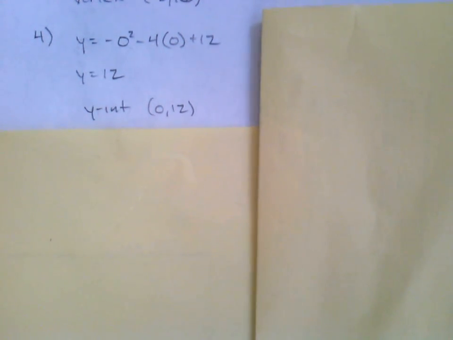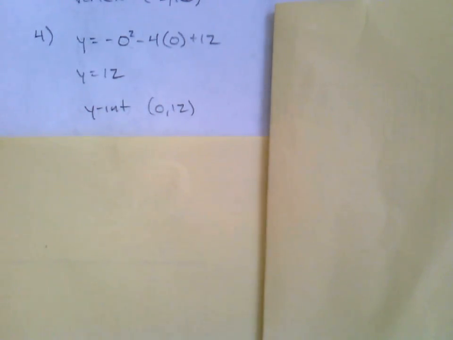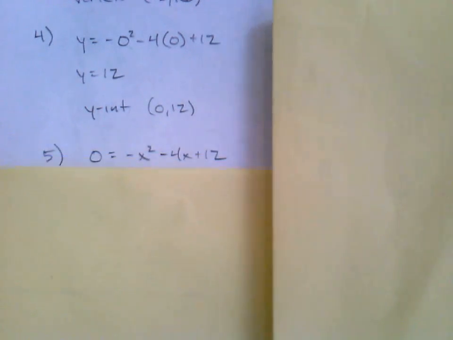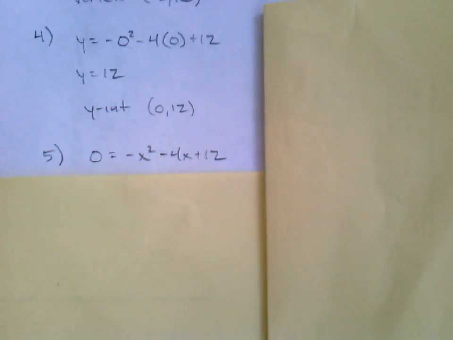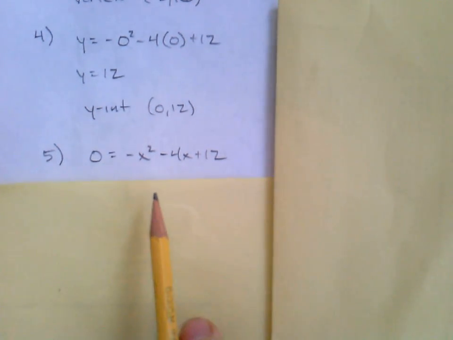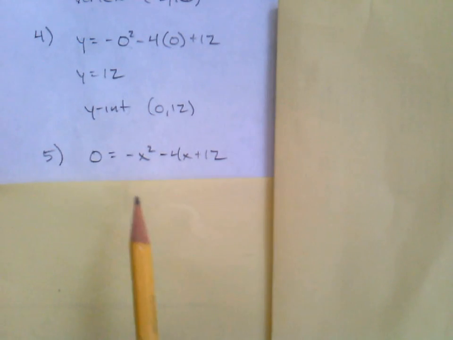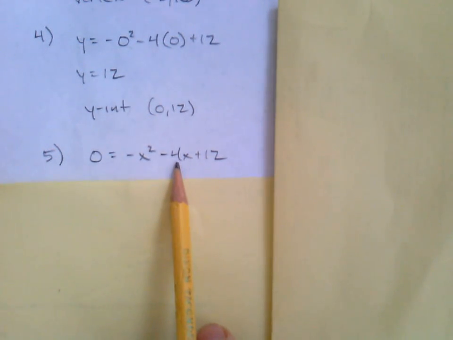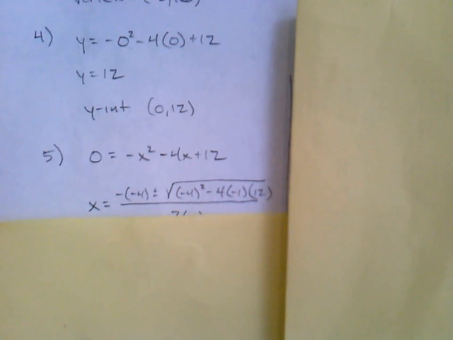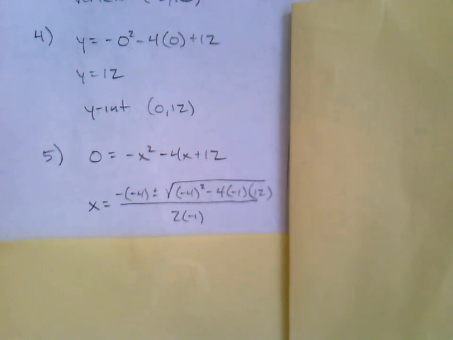And finally, property number 5 is the x-intercepts. We're going to do the opposite of what we did with the y's. We're going to set y equal to 0 in the function. 0 equals -x squared minus 4x plus 12, and we're going to solve that. Of course, here we can just go for the quadratic formula. a equals -1, b equals -4, c equals 12. I've plugged those in, being careful with my negatives and my negatives squared.